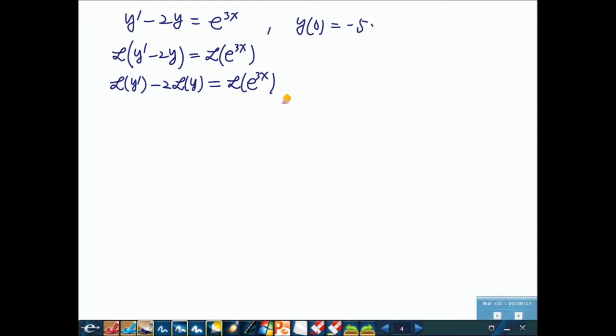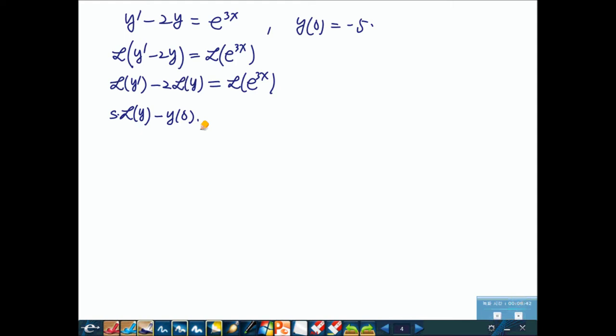You learned that the Laplace of y prime is s times the Laplace of y, since it's just one first derivative, minus y of 0. That's the rule.